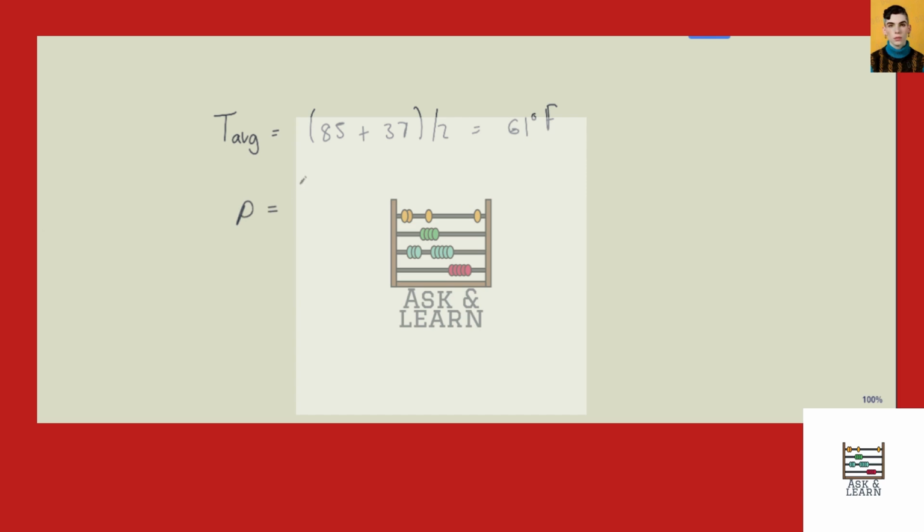The density of water, rho, is equal to 62.3 pounds per cubic feet. And the specific heat at constant pressure, Cp, is equal to 1 BTU per pound degree Fahrenheit. So those are our properties of water.